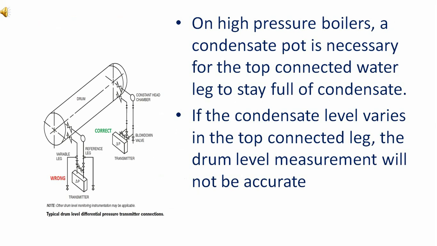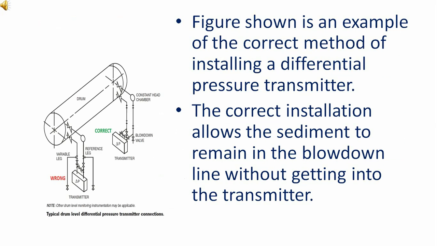If the condensate level varies in the top connected leg, the drum level measurement will not be accurate. Figure shown is an example of the correct method of installing a differential pressure transmitter. The correct installation allows the sediment to remain in the blowdown line without getting into the transmitter.